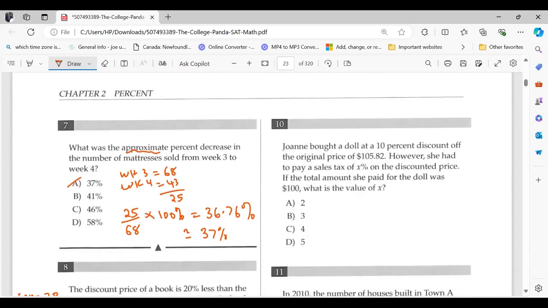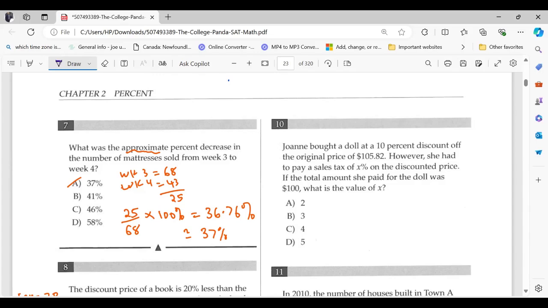Question number 10. Joan bought a doll at a 10% discount off the original price of $105.82. Question number 10. John bought a door at a 10% discount of the original price.